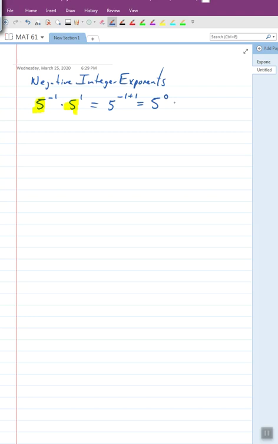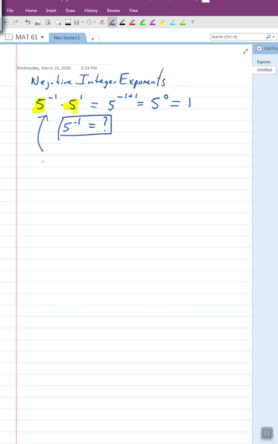Okay, what did we say last time? Anything that's not 0 raised to the 0 power will equal, okay, good, 1. So whatever 5 to the negative 1 is, and that's the question mark here, what does that even mean, 5 to the negative 1?